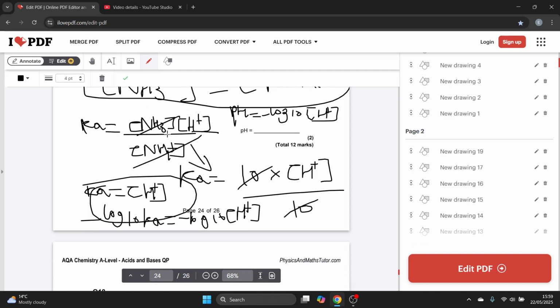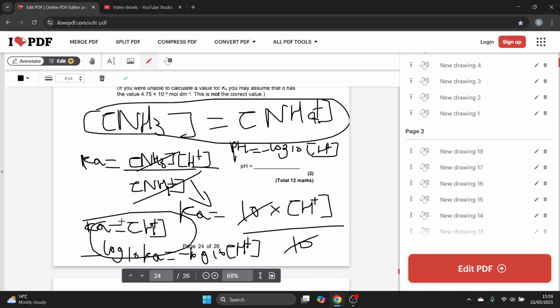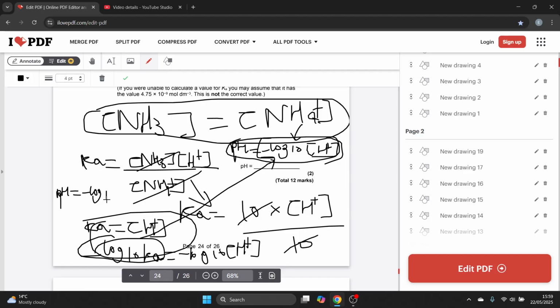So that's why I take the minus log 10 on both sides. And therefore, this pH expression, minus log 10 of concentration H plus, can now be replaced by minus log 10 of Ka. So what I'm actually working with is pH equals minus log 10 of Ka.